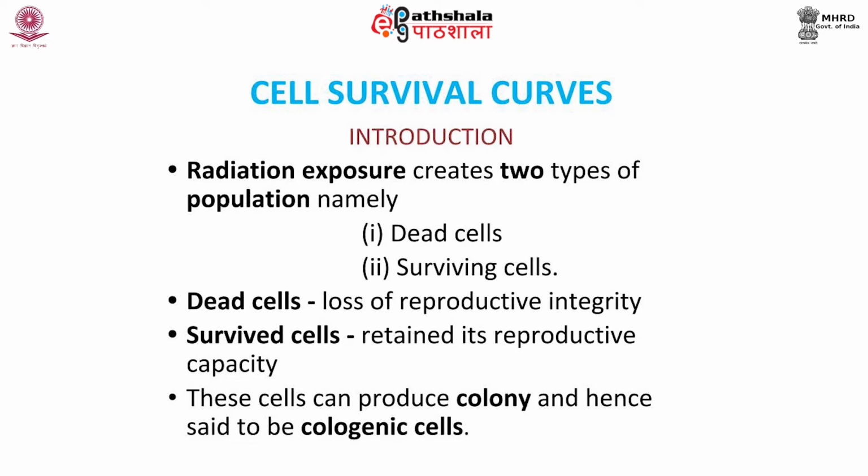Dead cells have lost reproductive integrity. Surviving cells retain their reproductive capacity. These cells can produce colonies and hence are said to be clonogenic cells.